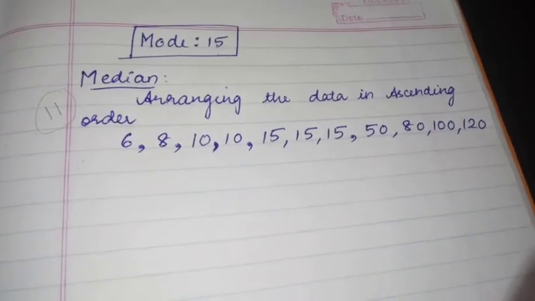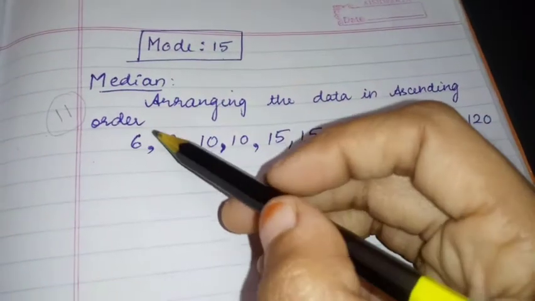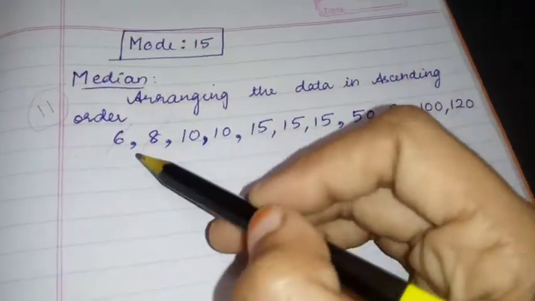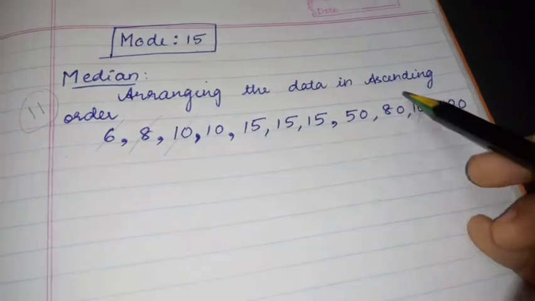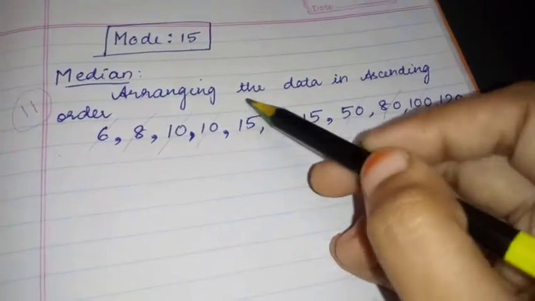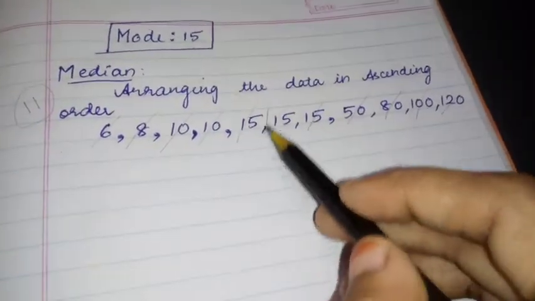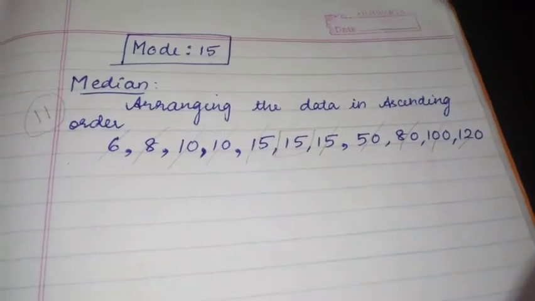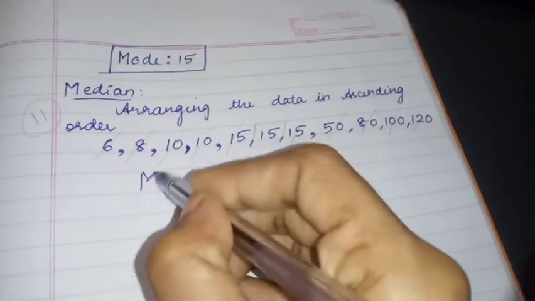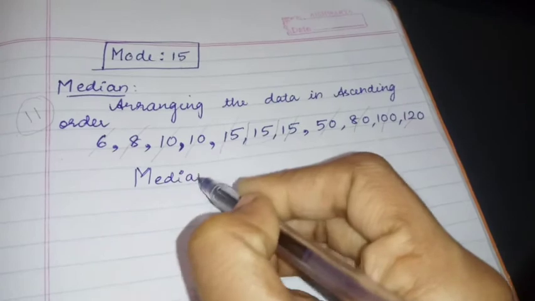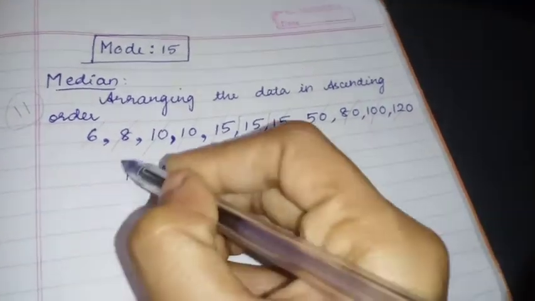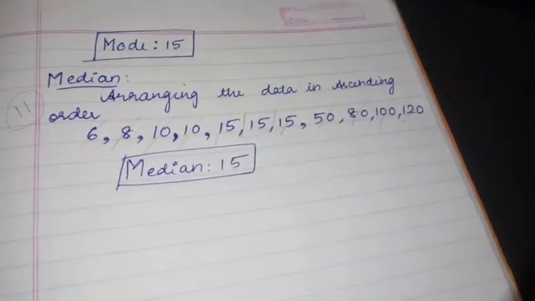Odd number. So the middle value is your median. 1, 2, 3. Cancel like this and go, children. So what is the middle value now? 15. So the middle value is 15. Therefore our median is 15.